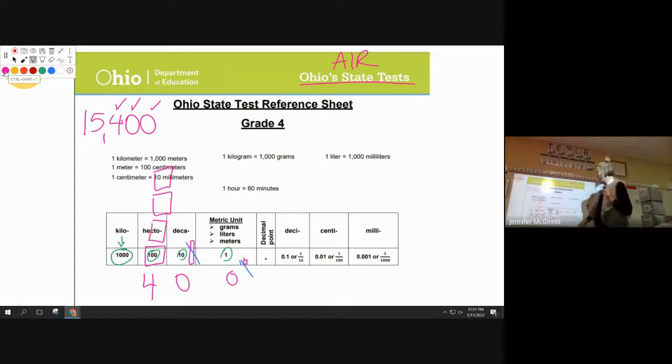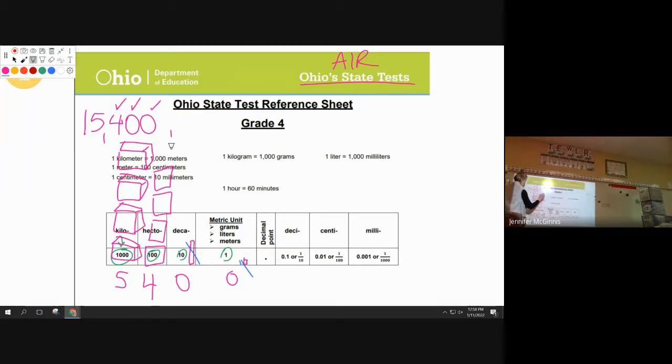So we have 5,000s. We have 5 of these, and these are big cubes. One, 2, 3, 4. We'll have to put him over here.